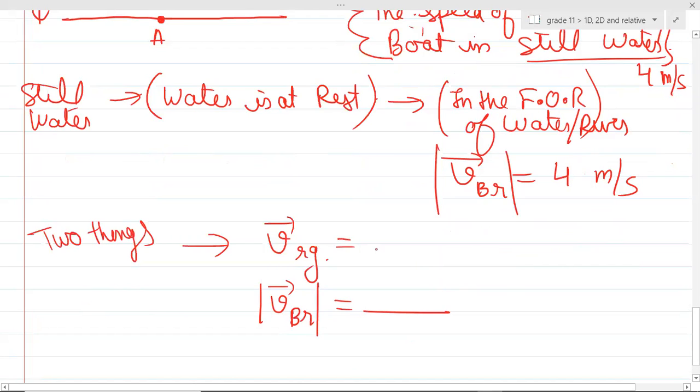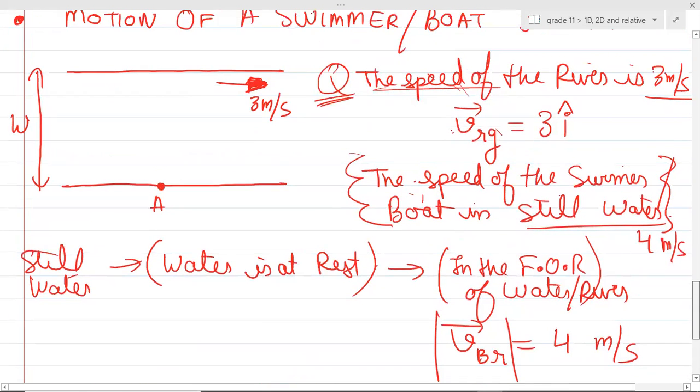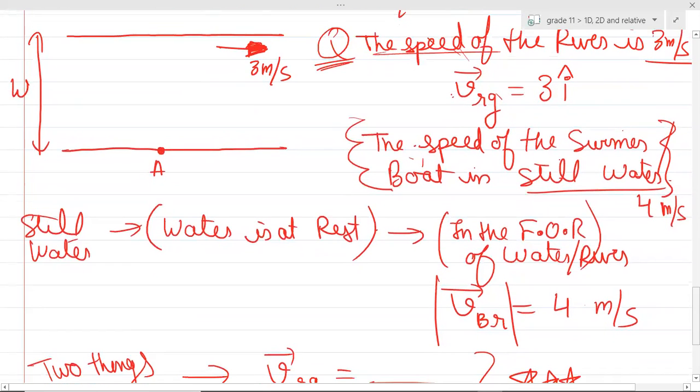Note these two data; they are very important in solving any question on river boat problems. Okay, write till here. If you're done writing, just drop me a message, then I'll start.